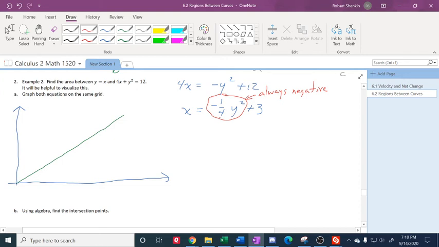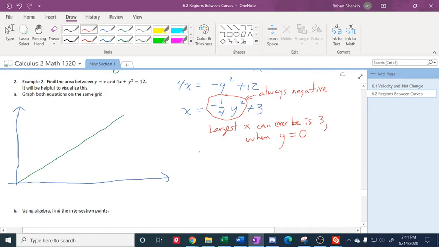Okay. So the largest that x can ever be is 3. And that occurs when y is 0. If y is anything else but 0, this is going to be negative and it'll make x smaller.